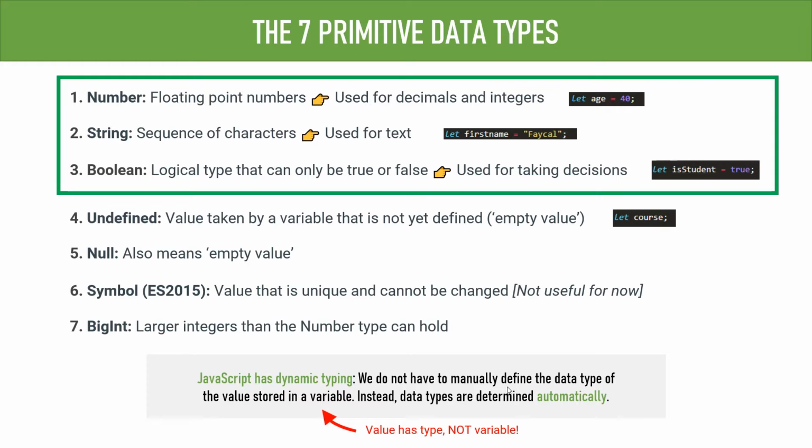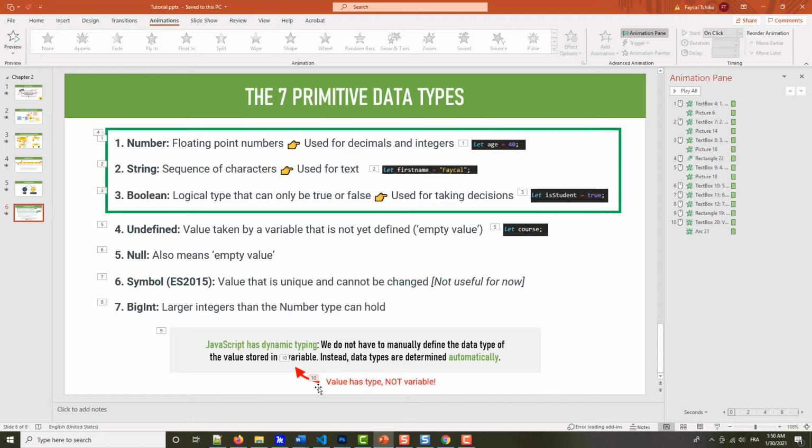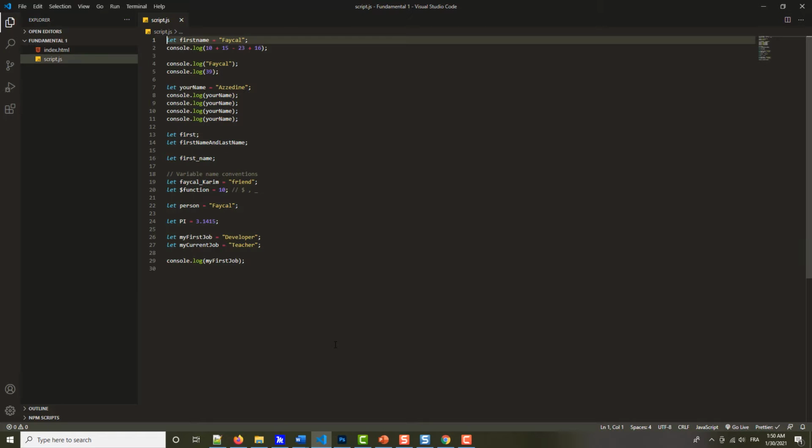Alright, so let's now actually see this thing in action. But before we talk about data types, let's quickly talk about code commenting. So, in programming, we use comments to literally comment the code or to deactivate code without deleting it.